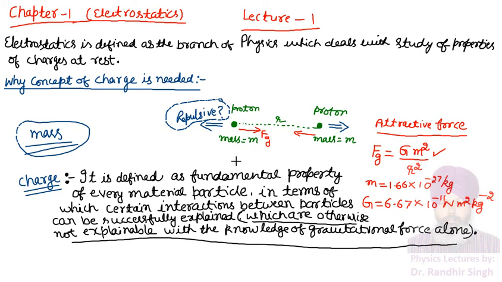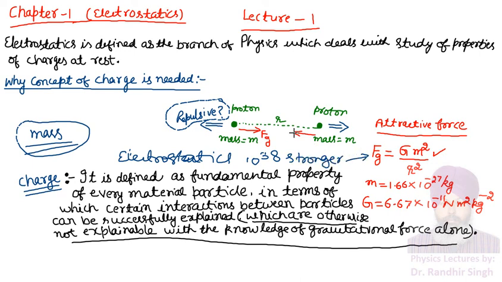The force between the charges is called electrostatic force, while the force between the masses is called gravitational force. This electrostatic force is of the order of 10 raised to power 38 times stronger than the gravitational force.